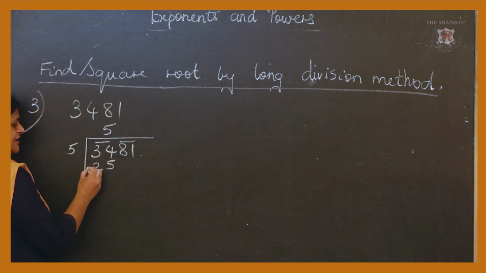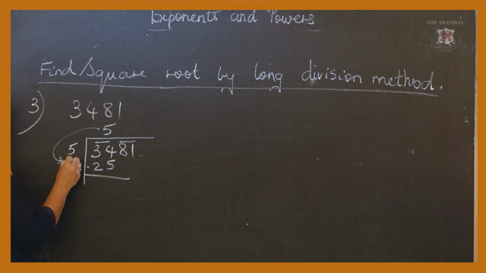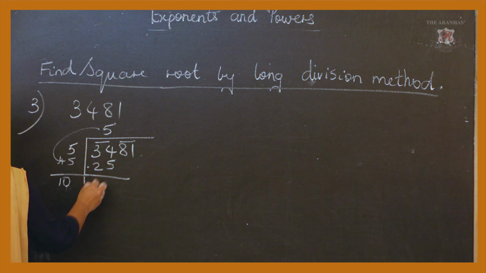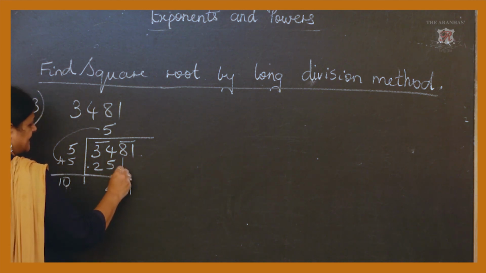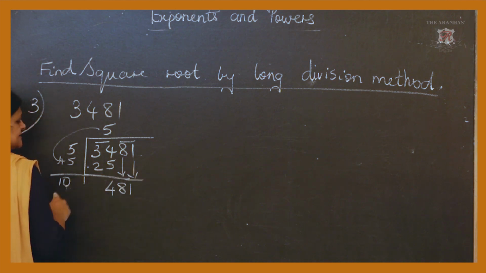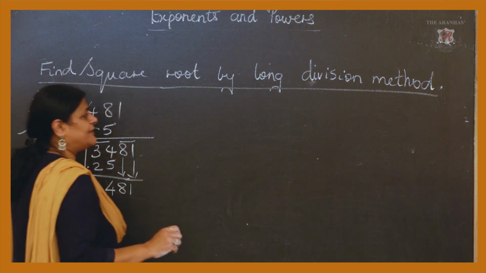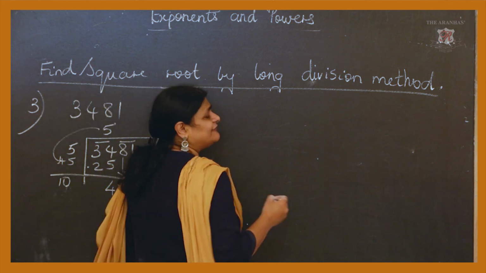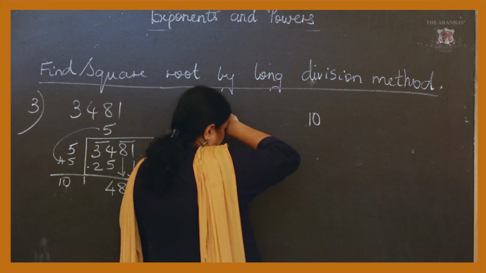So 5 5s are 25. This 5 you are going to add over here, plus 5, which will give you 10. So 34 minus 25 will give you 9, and this 81 you are going to bring down. Now over here you are going to take a number which gives you 481. Now 10 is already there.